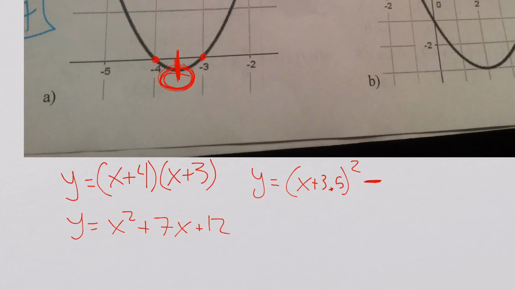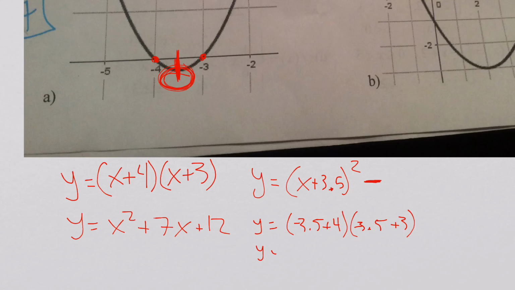So why don't we plug in the x value of -3.5 into our first equation to find the y value? So y equals -3.5 plus 4 times -3.5 plus 3.